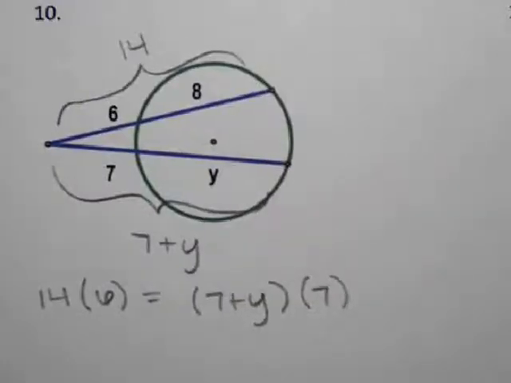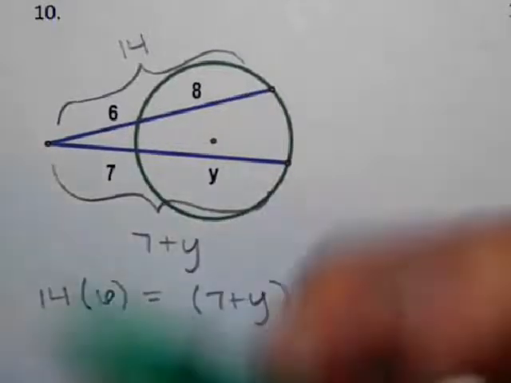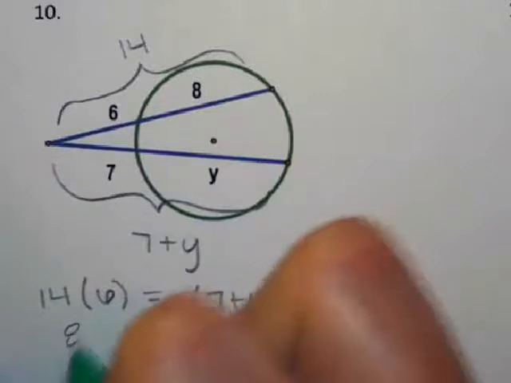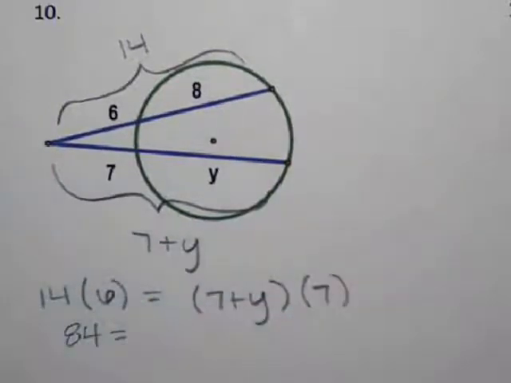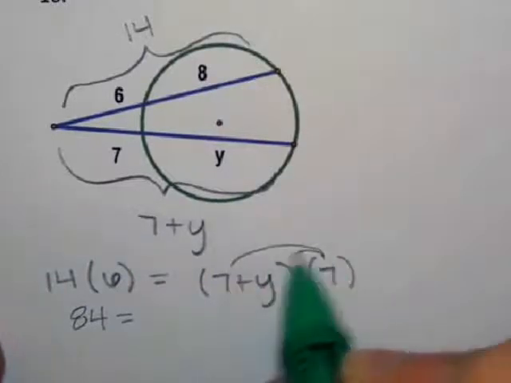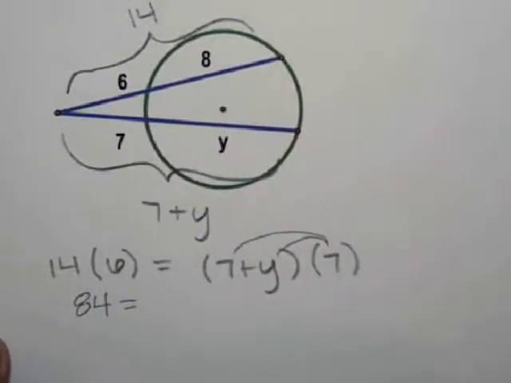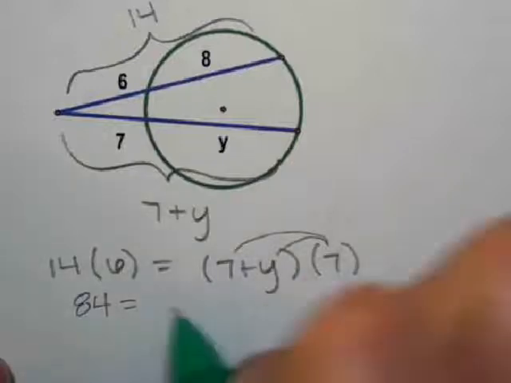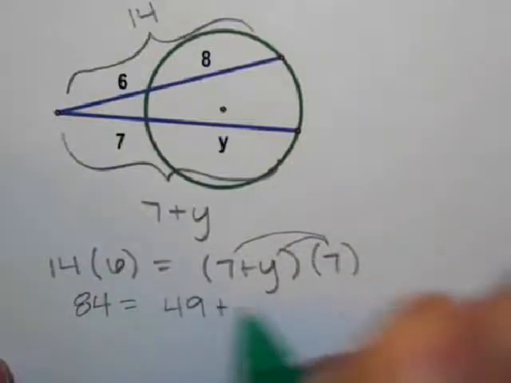All right, how do your brains feel? Make sense? Okay. These are making sense. 14 times 6, anybody? 84, okay. And then 7 plus y, and we just got 7.